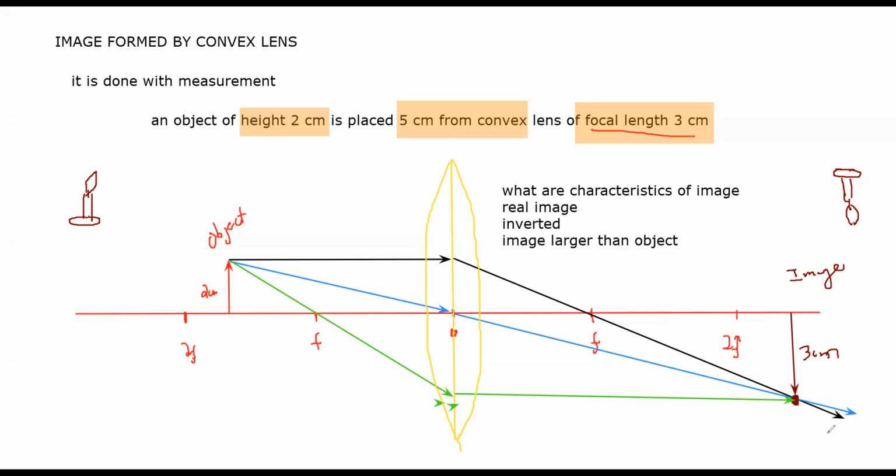You just continue till the center and show the deviation or change in direction. Practically there will be a deviation in this part, but theoretically we are ignoring that deviation and showing straight lines, to show how the image is formed by a convex lens.